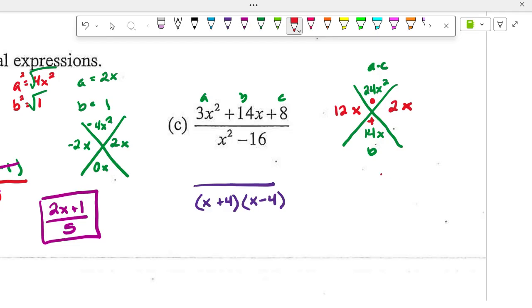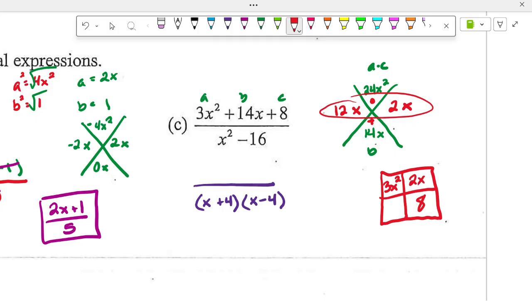So now I can set up my reverse box. So I have the 3x squared in the corner and the 8 in the other corner. And then my two factors that I came up with in either one of the last remaining boxes. Let's find some GCFs. So what's the GCF of this first row?